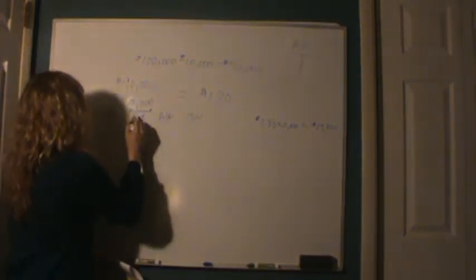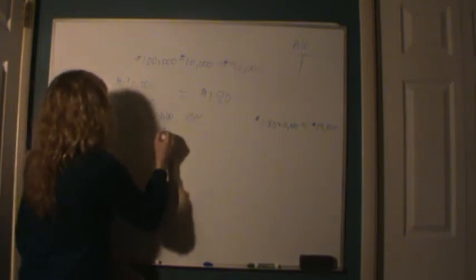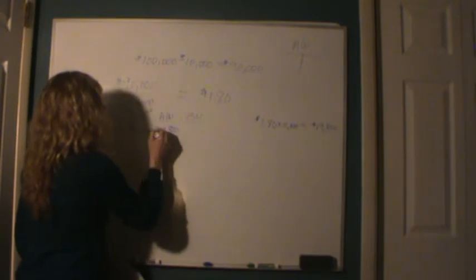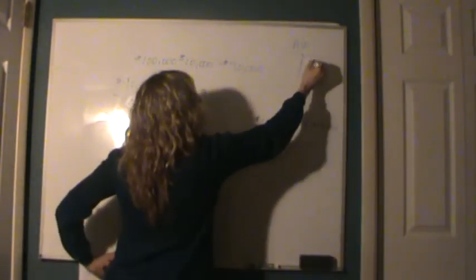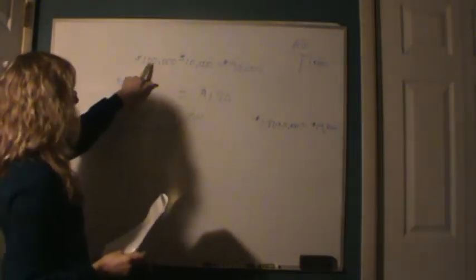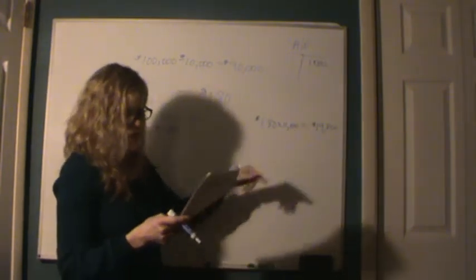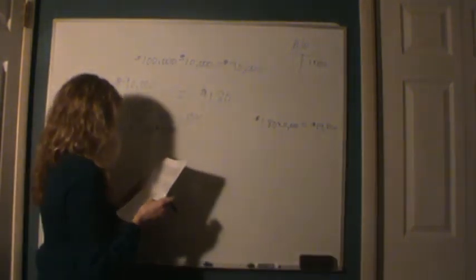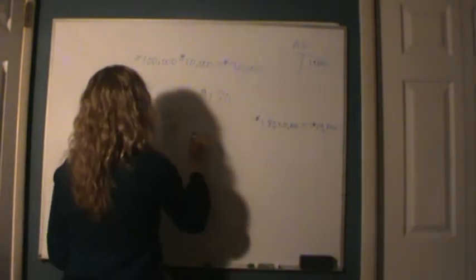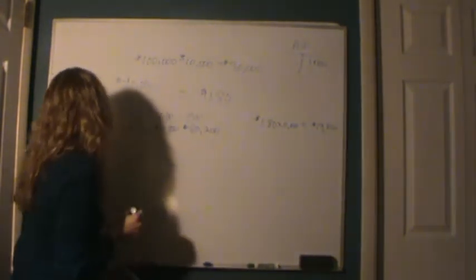So first of all, our annual depreciation expense in that year is 19,800. It's the only year we've accumulated depreciation so far, so our accumulated depreciation is 19,800. And our book value is going to be the $100,000 minus 19,800, which would be 80,200. So our book value at the end of the year is 80,200.